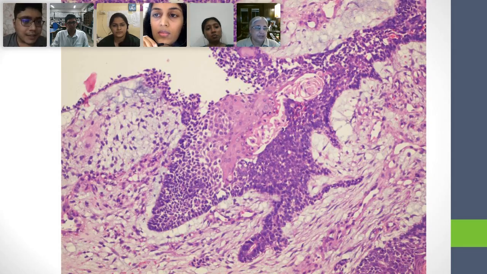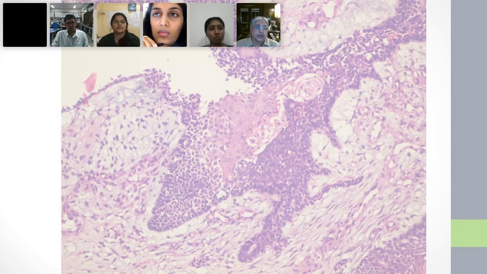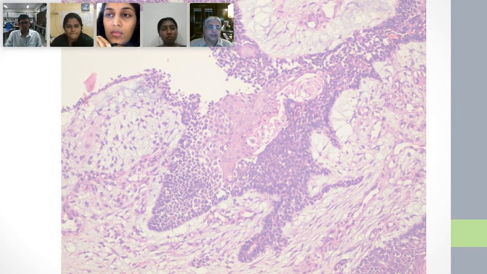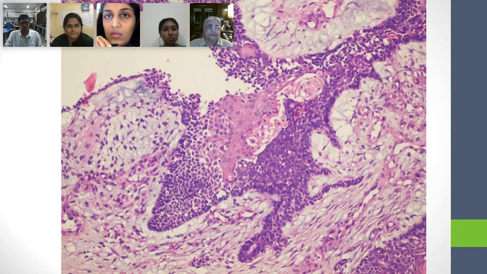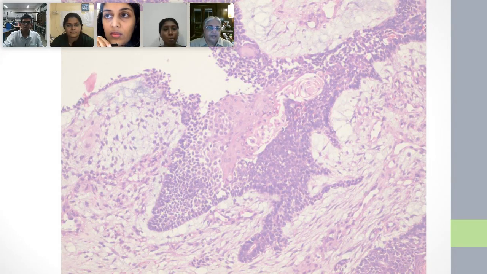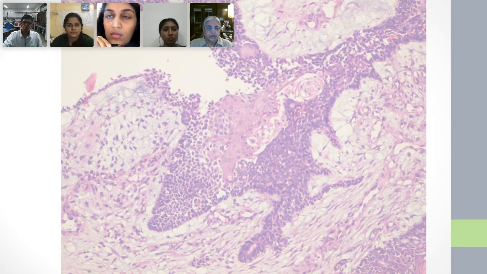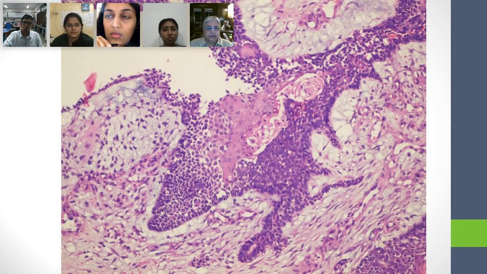Ma'am, we can't see your pointer. Can you turn the whiteboard white? Oh, I'm so sorry. See these little cords of cells? No, it's still not coming. Why doesn't it work?